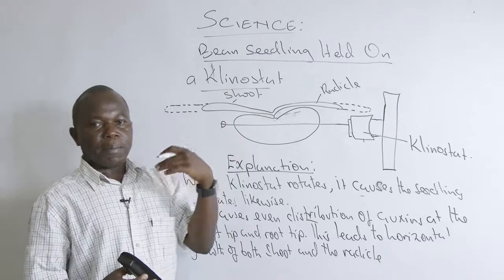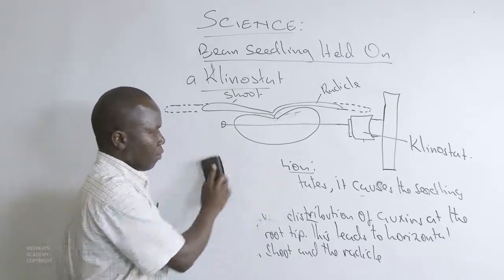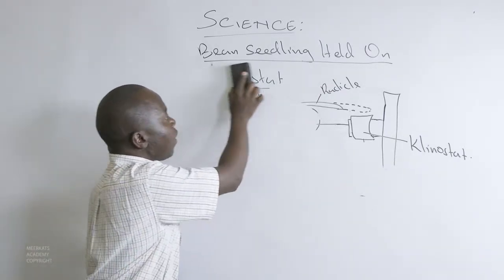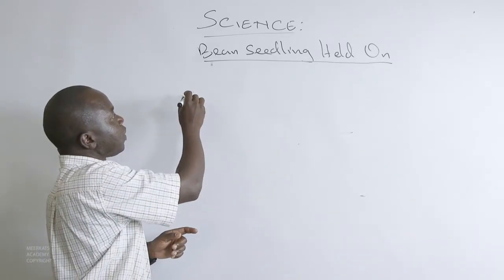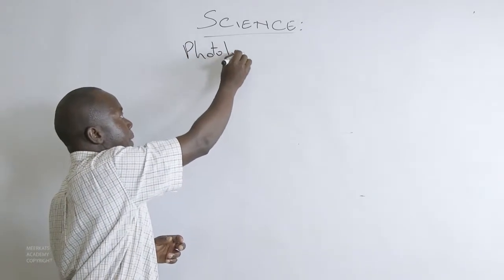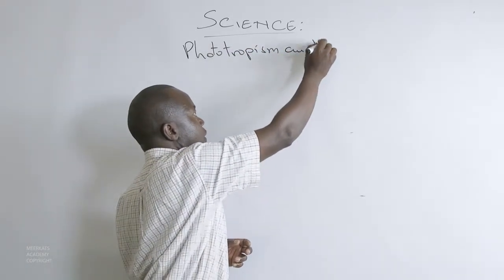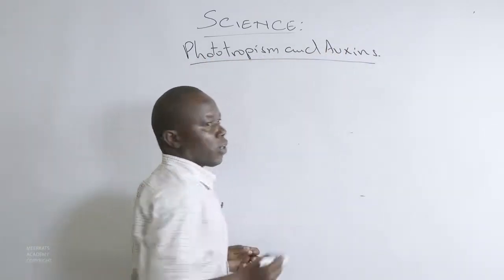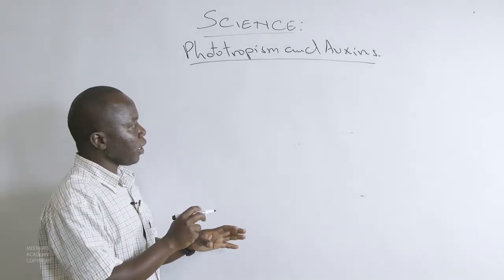The same effect can be explained when it comes to light, phototropism. Phototropism and auxins. So again, we shall use a diagram just to illustrate what we think can happen.